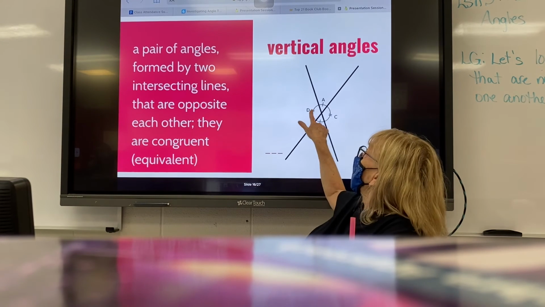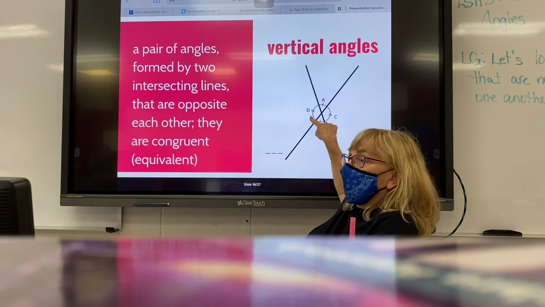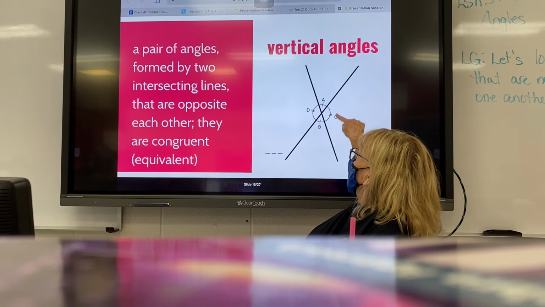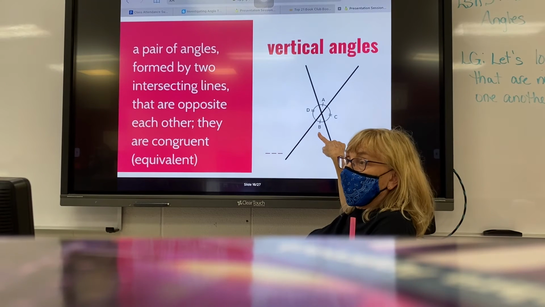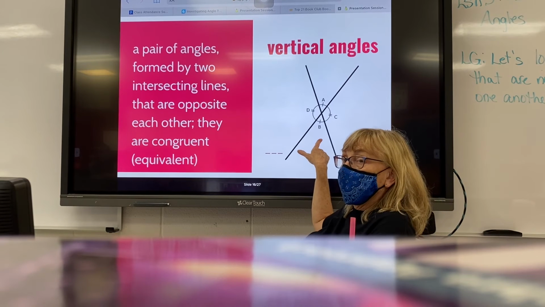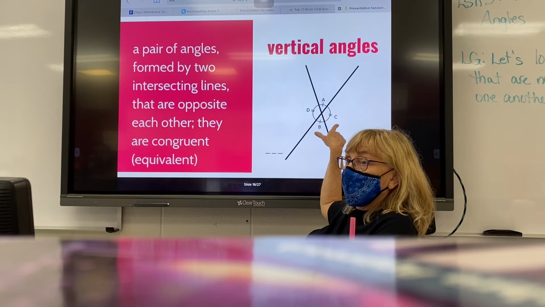Okay, and this will be true every time. A and D are going to be supplementary every time. C and B will be supplementary every time. D and B are supplementary. A and C are supplementary.